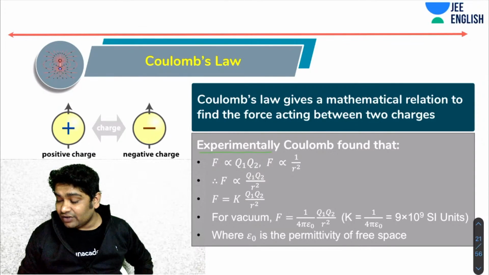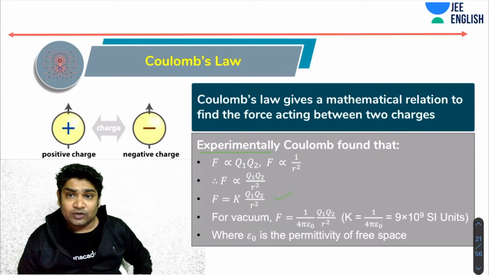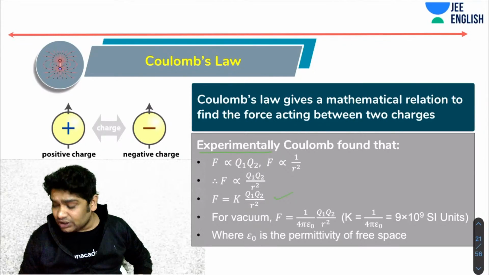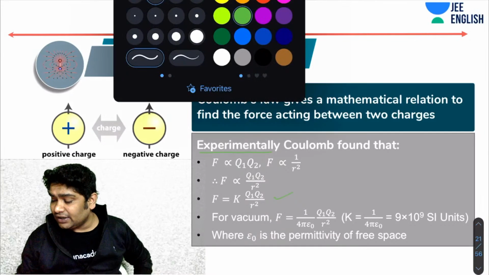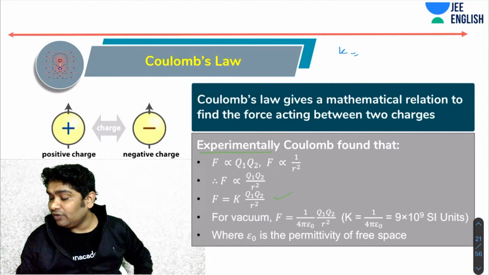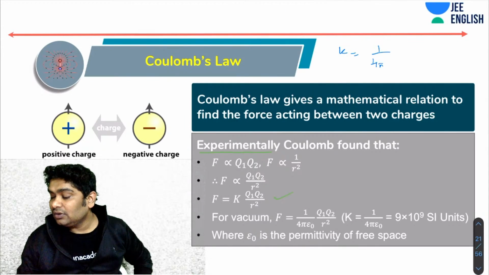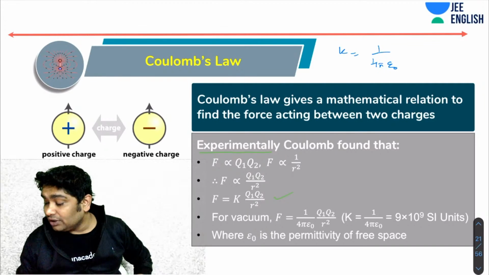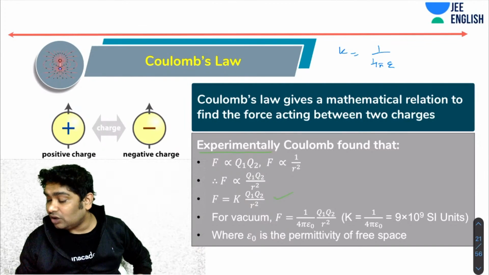So he gave this equation: F equals K Q1 Q2 over R squared. Turns out that K constant depends on the medium and is usually represented as 1 over 4 pi epsilon. That's the usual representation, where epsilon is called the permittivity of medium.